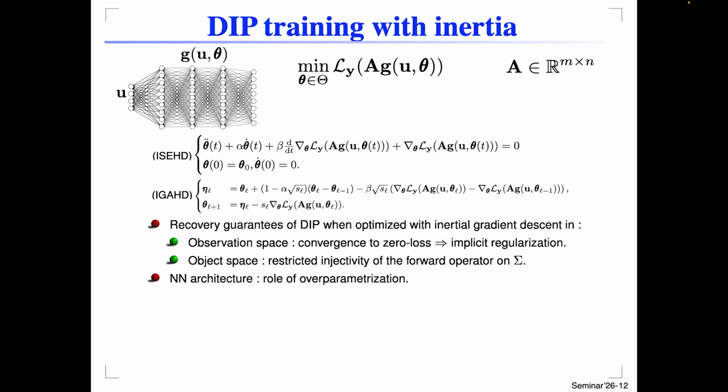And then eventually, I will tell you also what is the architecture, what is the type for this to work? Because it cannot work for any neural network. There are neural networks for which it's not going to work. So it will solve the problem that we were asking ourselves in the beginning: what is the correct architecture for all this to work?